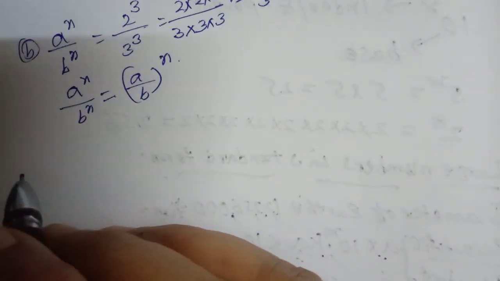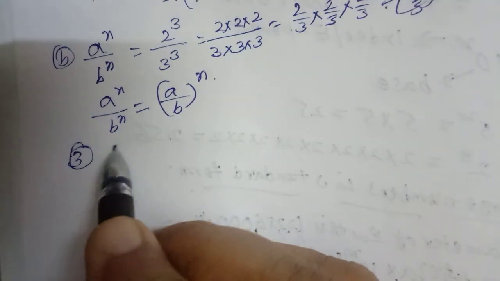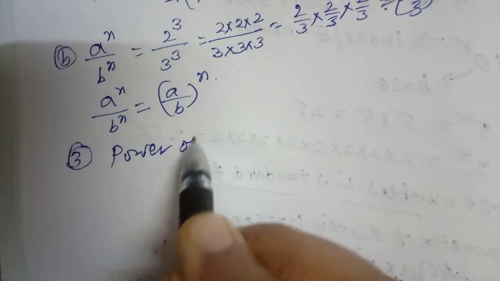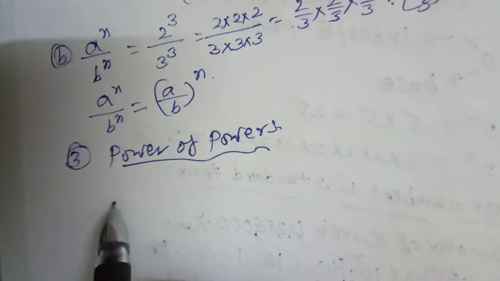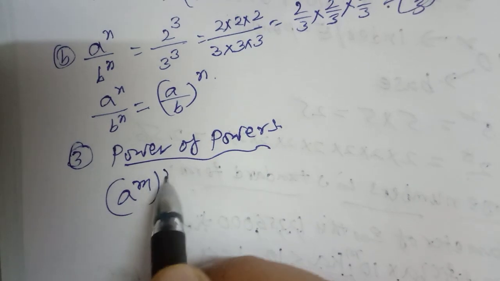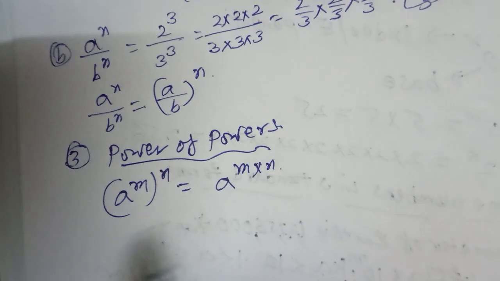Now let us look into one more, which is power of powers. What do you mean by power of powers? a to the power of m to the power of n is equal to a to the power of m into n.